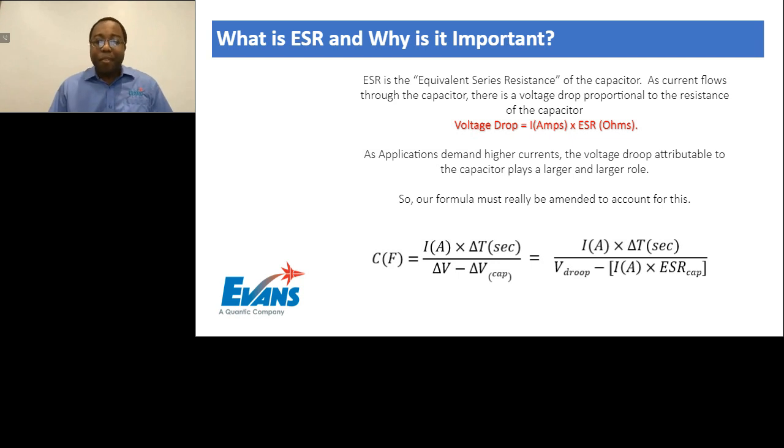As a result, the formula we've been using really must be amended to take ESR into consideration. As you see, we've added the voltage droop attributable to the capacitor's ESR to the denominator of our equation. The higher the cap ESR, the greater the voltage droop, and the more capacitance you need to overcome that voltage droop.